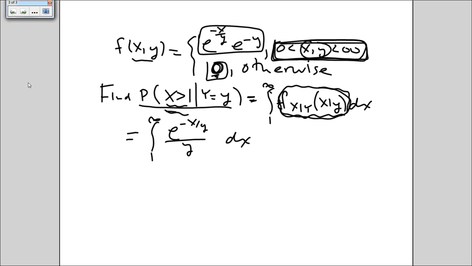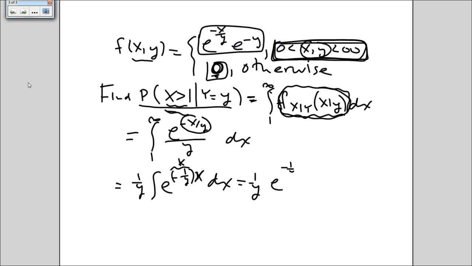Okay. Now this y in the bottom, I can pull out as 1 over y. And remember, negative x over y is negative 1 over y times x, dx. If I know that integral, the 1 over y stays. The integral of e to a constant times x dx is e to the constant times x divided by the constant.